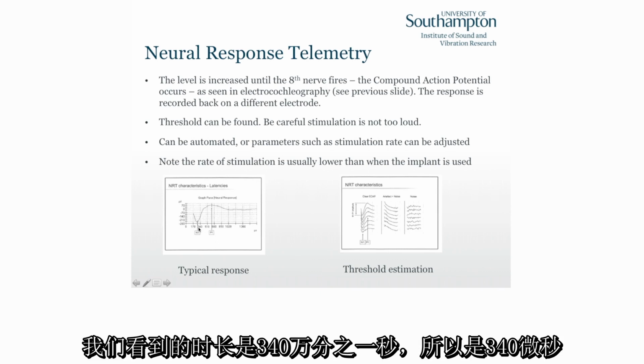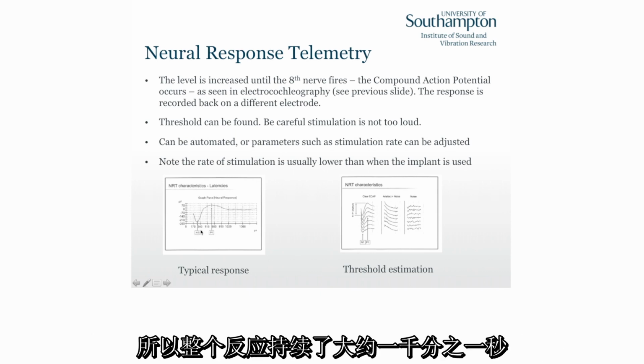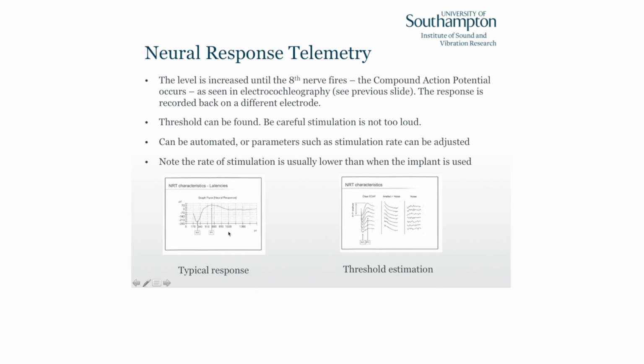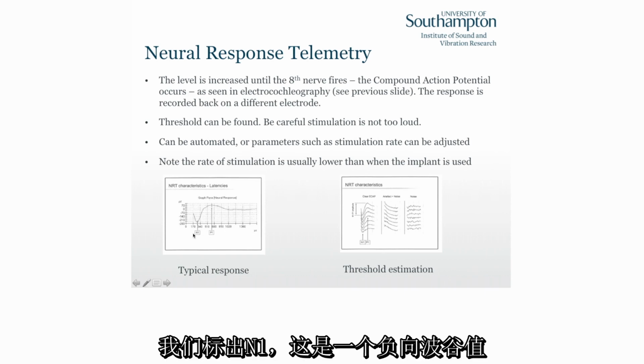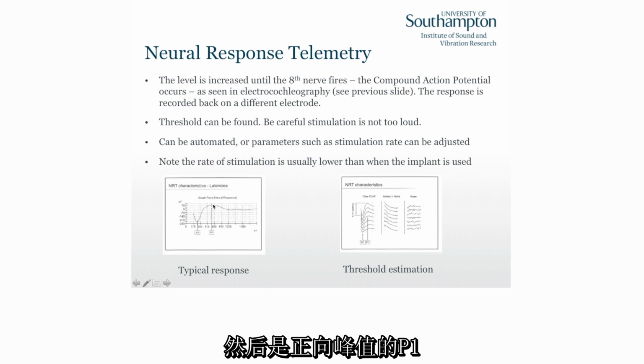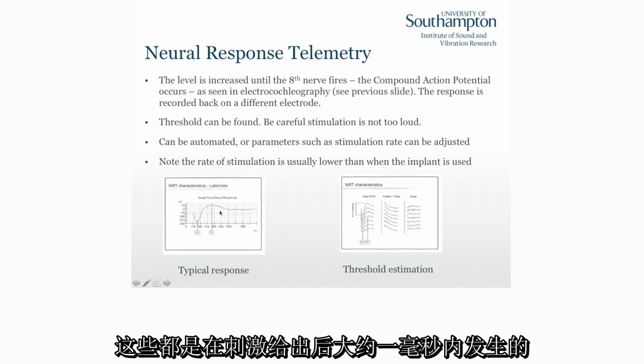So we're looking at 340 millionths of a second, so 340 microseconds. So the whole thing's over by about a thousandth of a second. So we have an M1, so a negative trough, and then a P1, which is the positive peak. And this is occurring within about a millisecond of the stimulation going in.